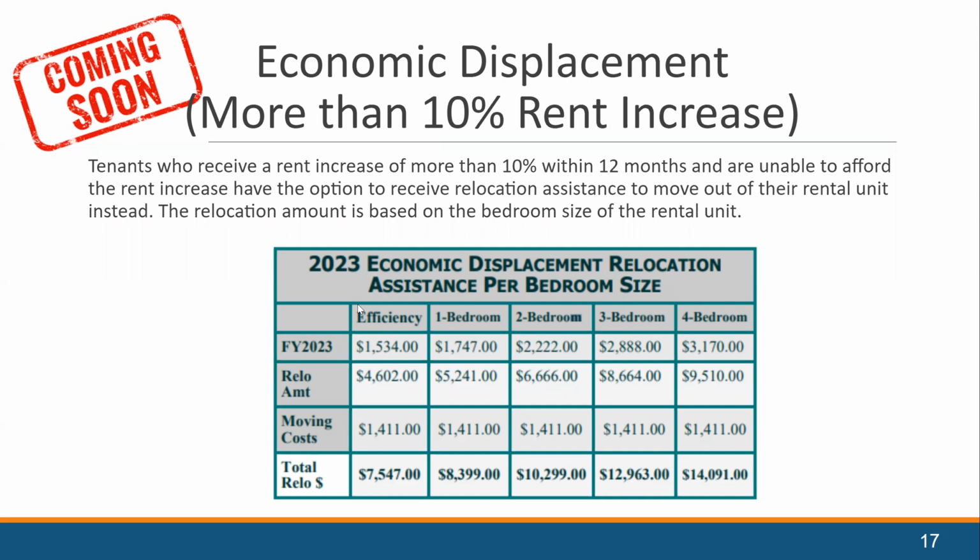If the landlord seeks to increase the rent more than 10%, and if the tenant decides they're not able to afford that rent increase, then they can terminate their tenancy in exchange for the relocation amounts that are listed on the chart on your screen, specifically the second row that's titled Relo amount by bedroom size. Those are the amounts that a landlord may have to pay a tenant if they want to increase the rent more than 10%.